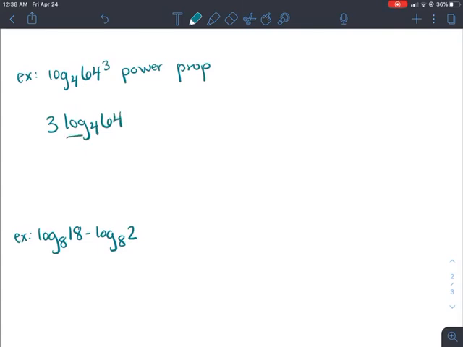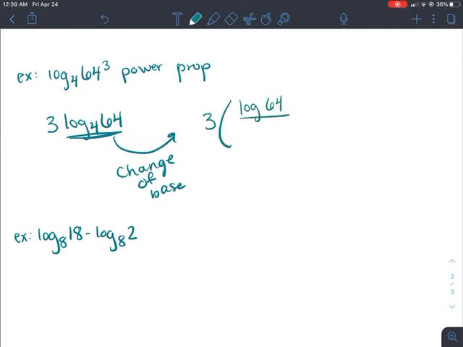Now I see that this can be rewritten using the change of base. I can do 3 times log of 64 over log of 4. Then I plug that into my calculator, and log 64 over log 4 gives you 3.